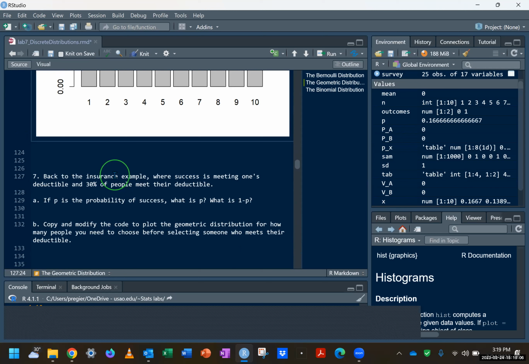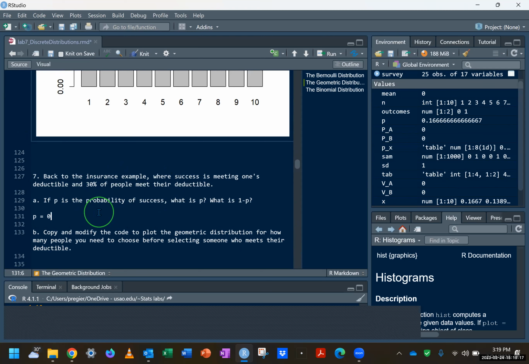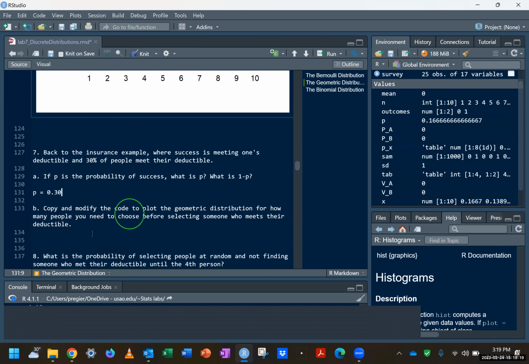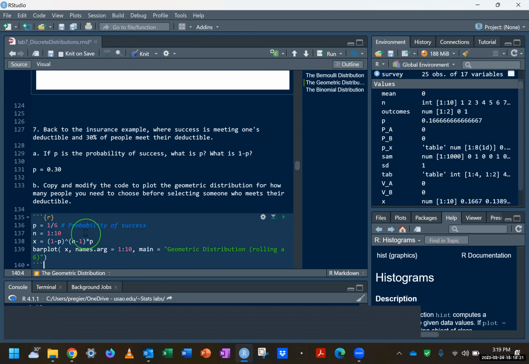Insurance example. If we're calling P the probability of a success, and success is meeting one's deductible, well, P is then 30% written as a decimal. So let's modify this code. Let's do the same distribution, but our probability of success is 30%.